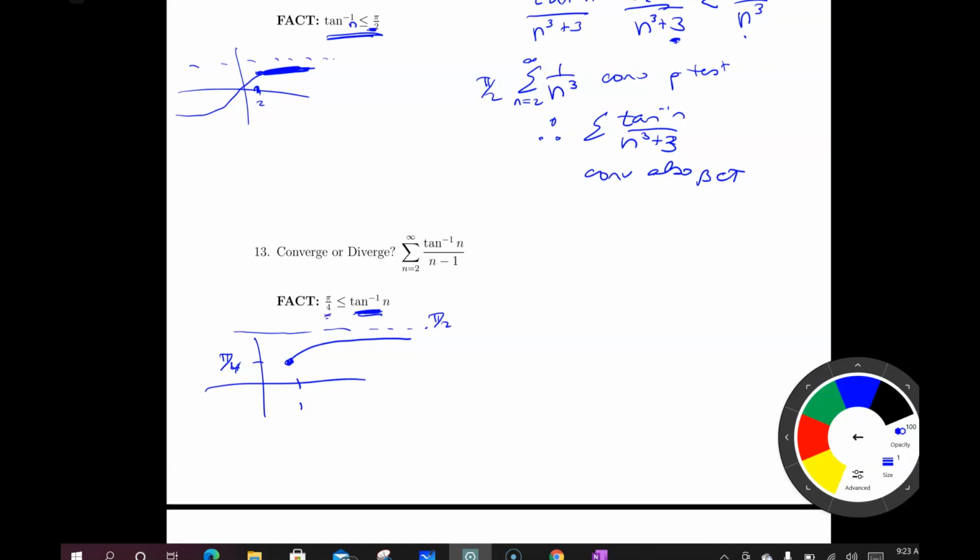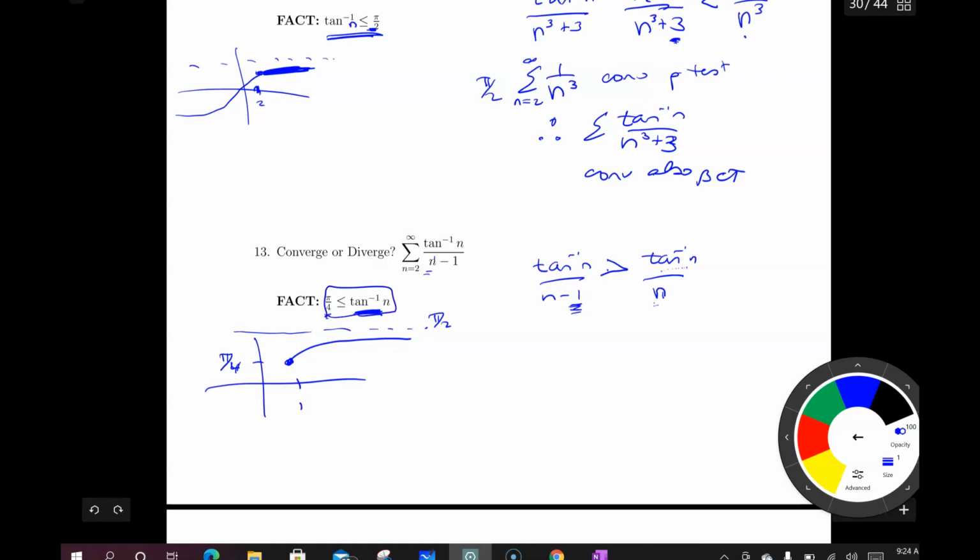So if I'm looking at something like this, and I'm looking at an n to the 1 power, and I've got this arctan of n over n minus 1, I want to take away this 1, so I get smaller, this direction, right? Okay, so take away this. So that gives me more on the denominator. So this is smaller. So I want to get rid of this so I can use my p-test.